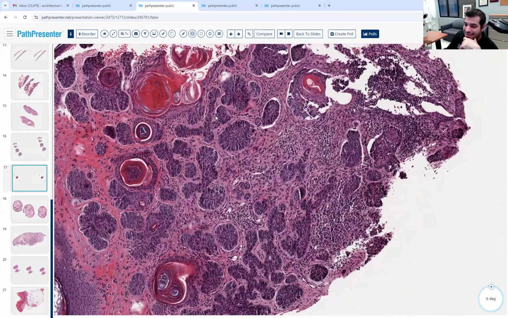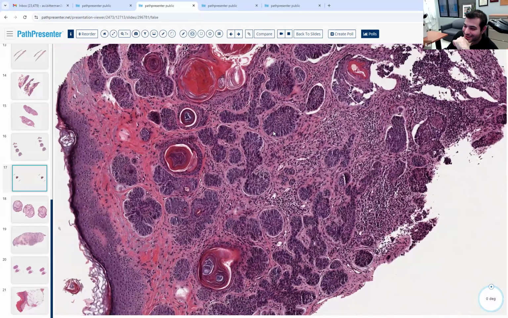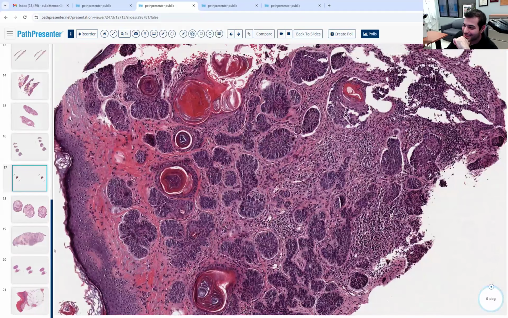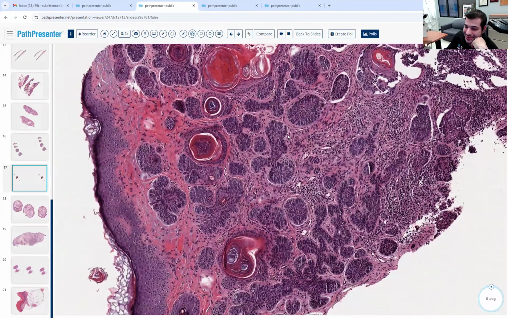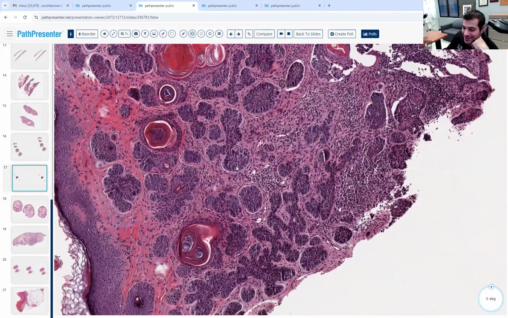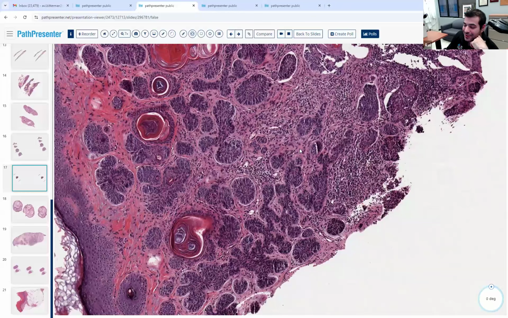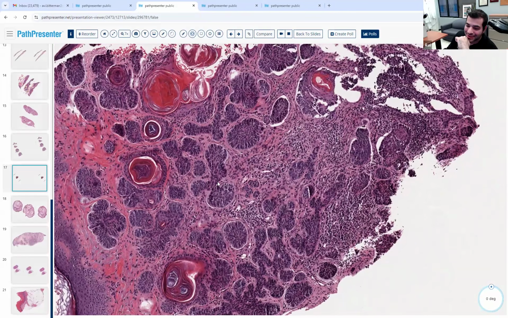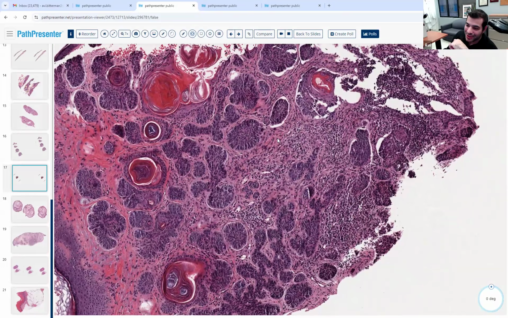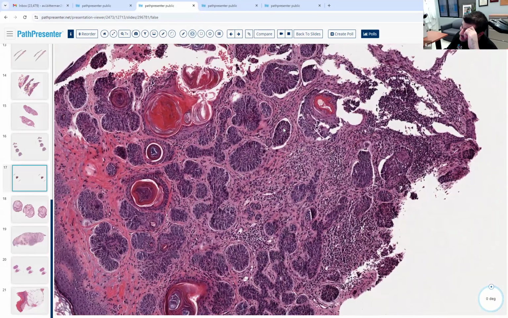So this, someone mentioned it. So it's cystic. It almost looks like you have a follicular neoplasm of the infundibulum, but it's really a basal cell.